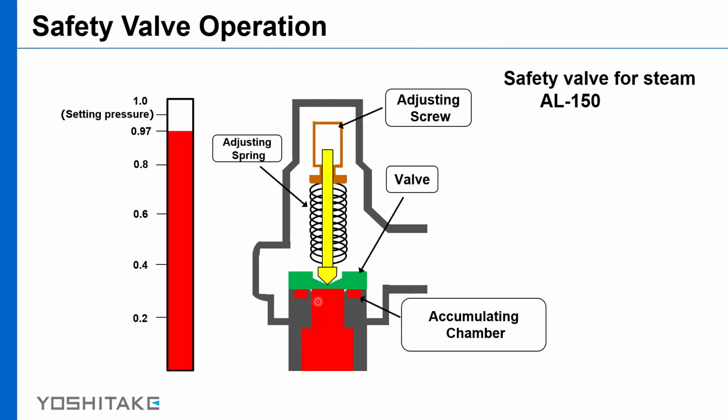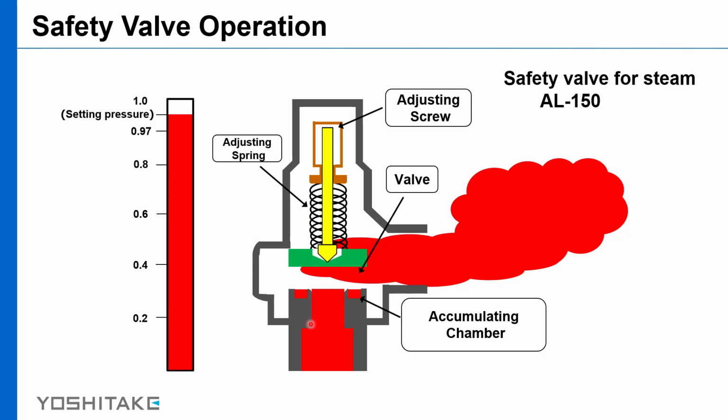When the pressure becomes high and reaches the set pressure of 1.0 megapascal, rapid opening happens due to the increased opening force from the pressure accumulated in the accumulating chamber, so the fluid blows out to the outlet side at once. This is the operation of the safety valve.